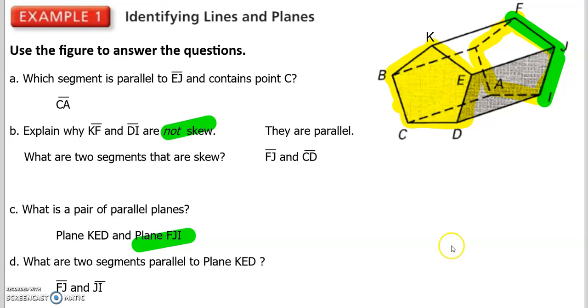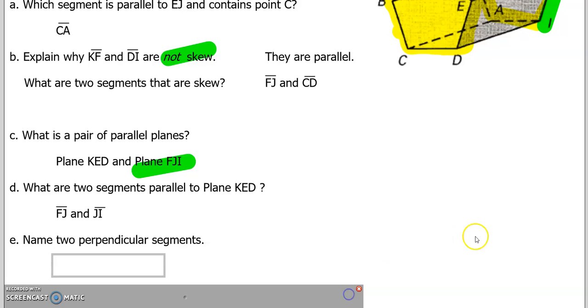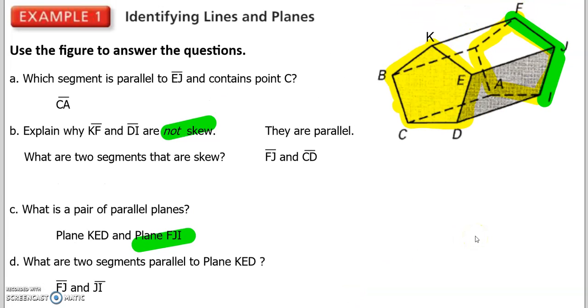And the last one we want to practice is name two perpendicular segments. So segments that are perpendicular, check out here, guys. Let's look at segments KF and KE right here.